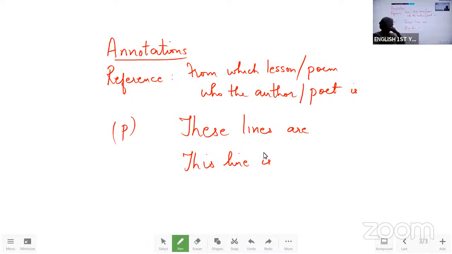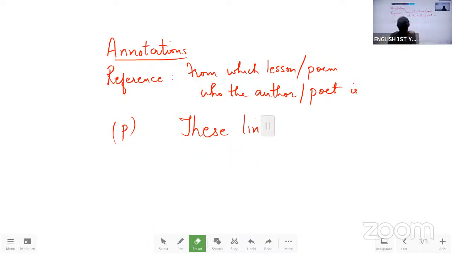Children, if you're writing in singular, use the singular sentence, or the plural. Don't confuse both and stand to lose marks. Remember, you write these lines are, or write this line is. Okay, children? Then going to the next, after the reference comes the context.